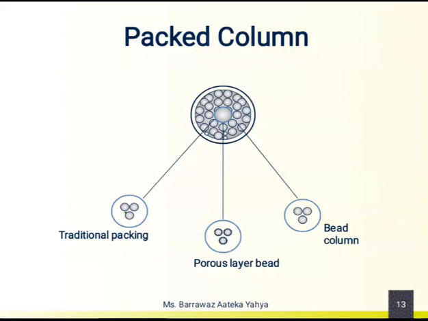Again, there is a modification in a packed column, where the packing is carried out with the bead column. The beads of the stationary phase are compactly arranged in the packed column, over which a porous layer is formed to make a porous layer bead column, and without the porous layer it is a bead column.